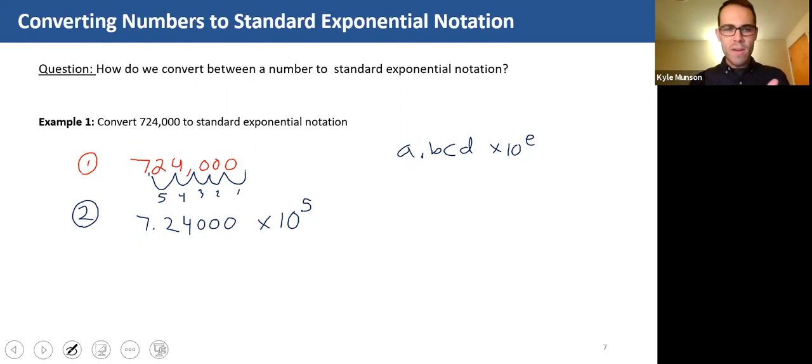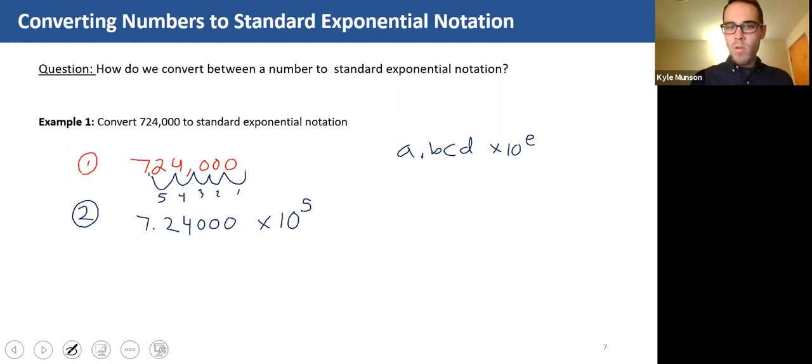And I'll say this now, and I'll probably say it again. Every time you move the decimal point to the left, like I just did, E is going to be a positive number. Every time you move it to the right, E is going to be a negative number. Okay, so I'll explain that as we do more examples.